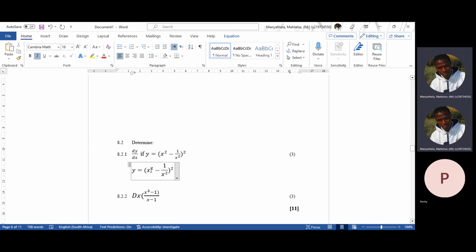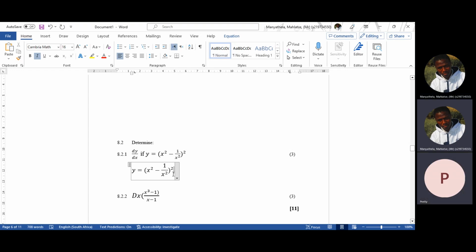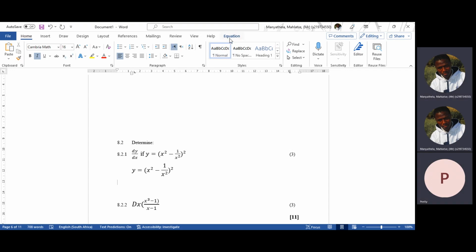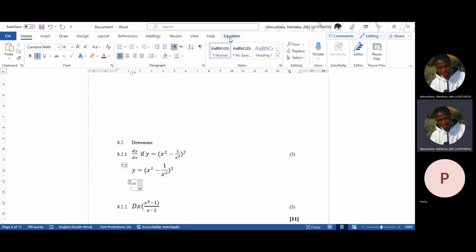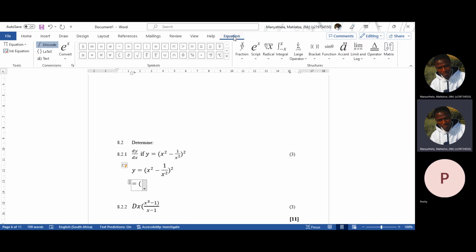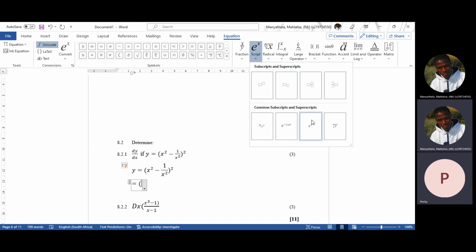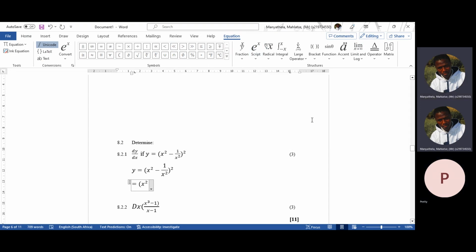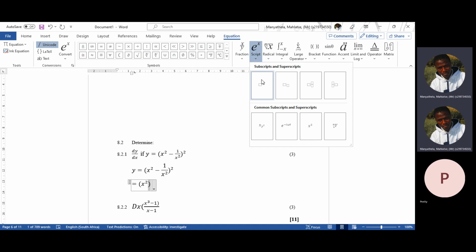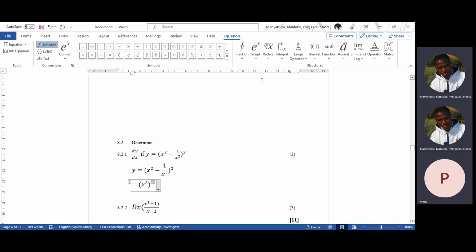Squaring a binomial, we square the first term, multiply the terms inside the bracket. The answer that you get, you multiply it by 2, and then you square the last term. Okay. So we're going to square the first term. It's x squared squared. Our first term is x squared. Squaring a binomial, or you can open two brackets.